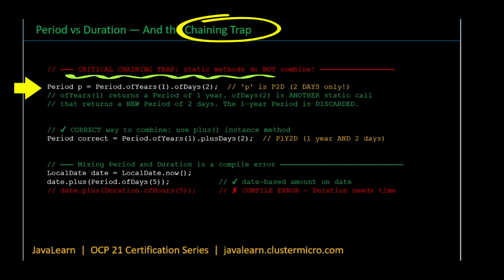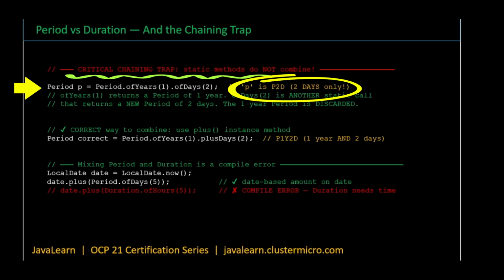The P1Y period object is used as a receiver to locate the class and then completely ignored. So Period.ofDays(2) creates a brand new period object representing 2 days, P2D. This is a completely separate object from the P1Y object. The P1Y object is discarded because nothing holds a reference to it. So the result p holds the P2D object, 2 days only. The year is gone. Let me say that one more time very clearly.